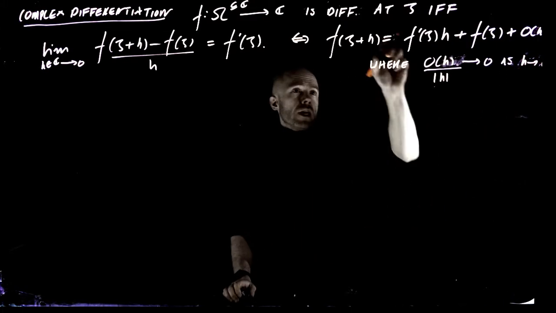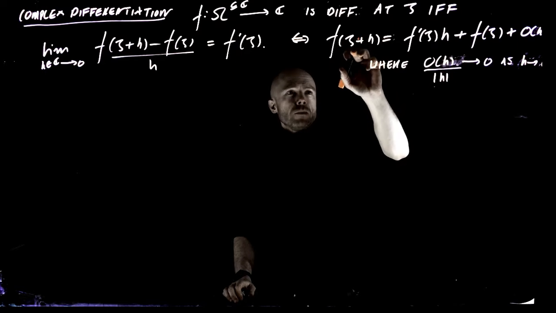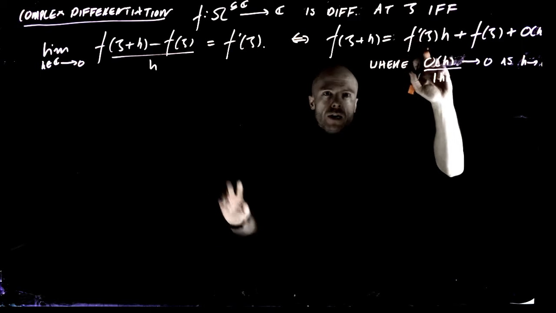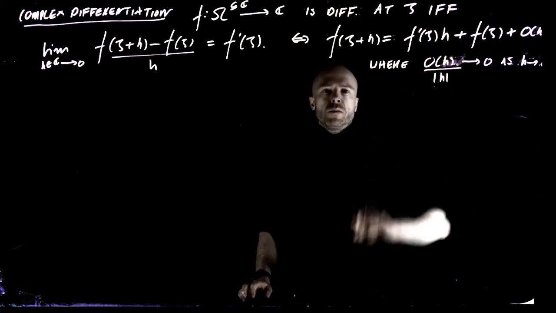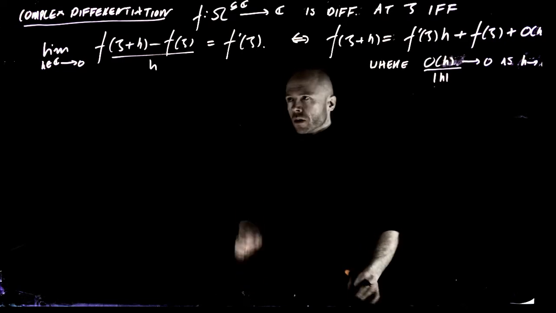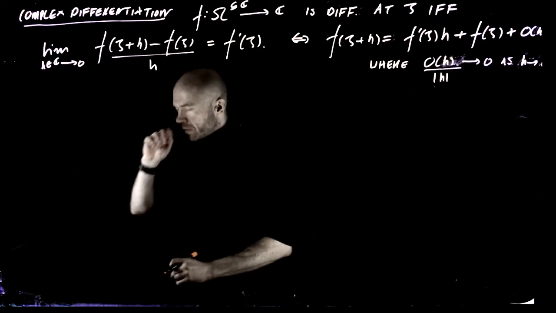So on a very small scale, around the point zeta, we are a lot like just an affine function. This is a complex linear function plus some kind of a constant. Yeah? Cool.